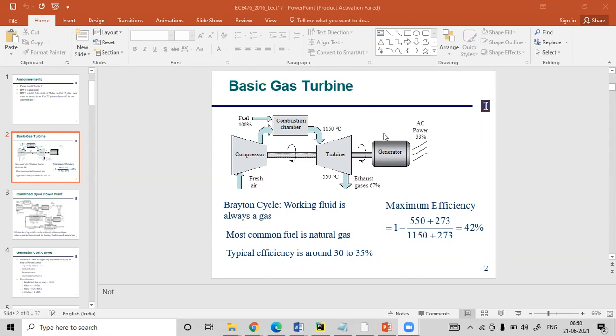Here you can see this is the generator, this is the compressor, this is the turbine, and this part is the combustion chamber where fuel burns and produces a large amount of vapor, right?